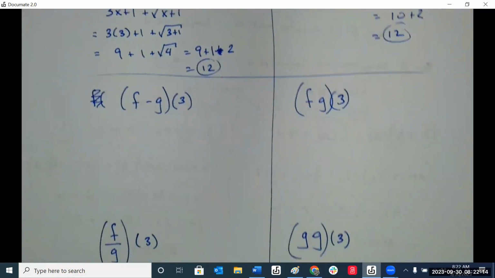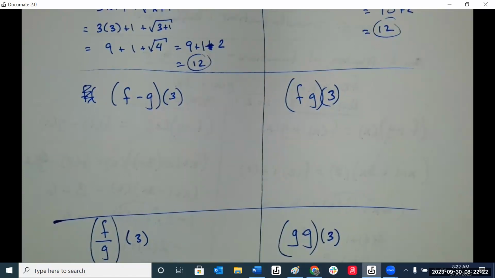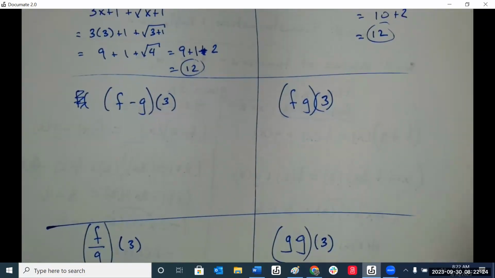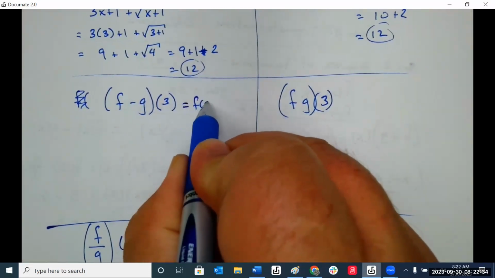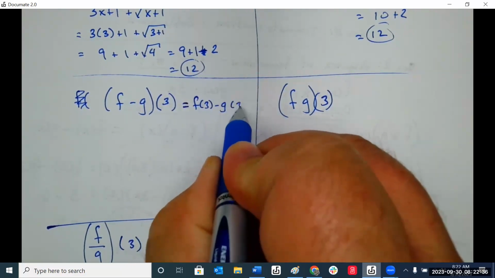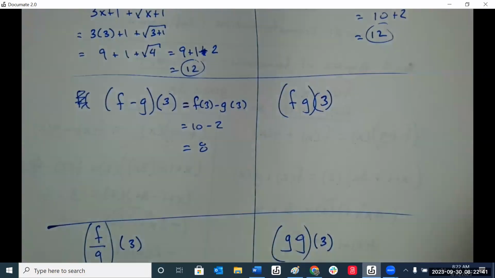All right, let's look at the minus one. Can you tell me off the bat what it's going to be? Yeah, because we have f of 3 minus g of 3, which is 10 minus 2, which is 8.